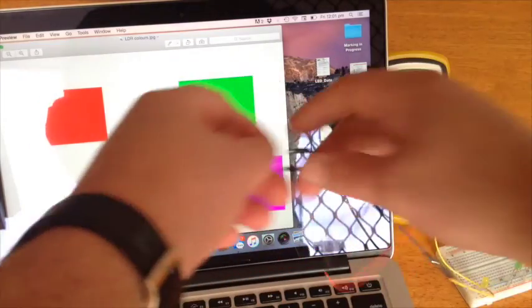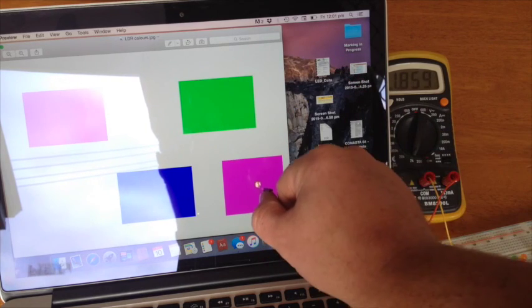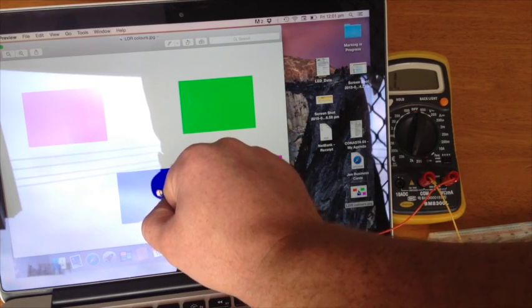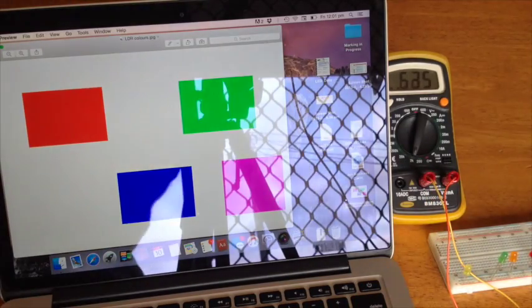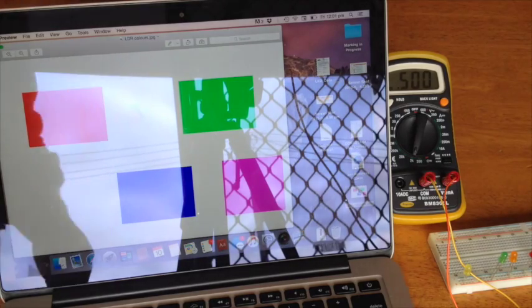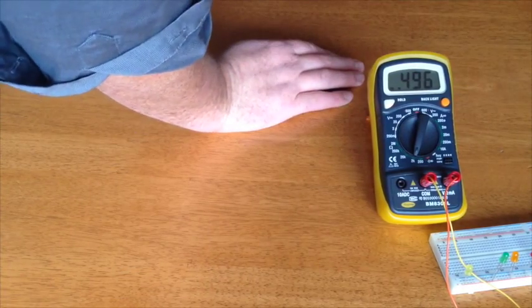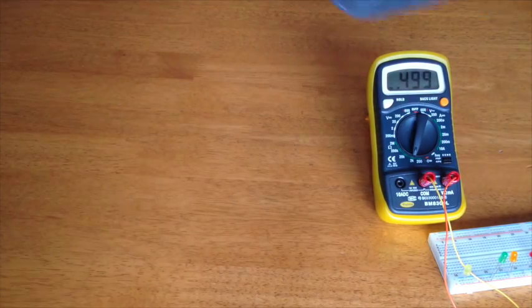So of course you could then measure how the LDR responds to, say, green, magenta, blue. So you could essentially vary the colours on your computer screen and measure how the LDR changes its resistance. So that's very similar to the frequency situation with the LEDs.